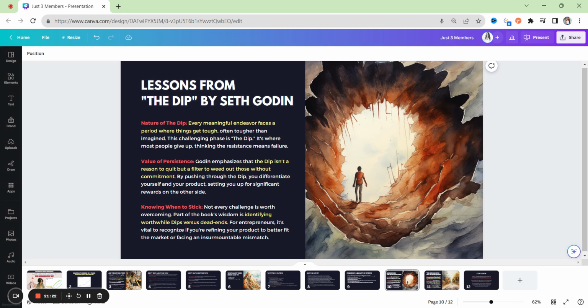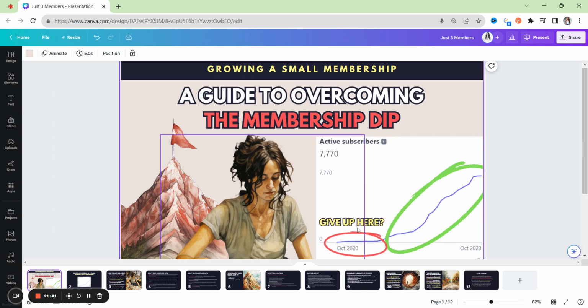And the value of persistence. Godin emphasizes that the dip isn't a reason to quit, but a filter to weed out those without commitment. By pushing through the dip, you differentiate yourself and your product, and you set yourself up for significant rewards on the other side. I hope that this is so visible for this, right?